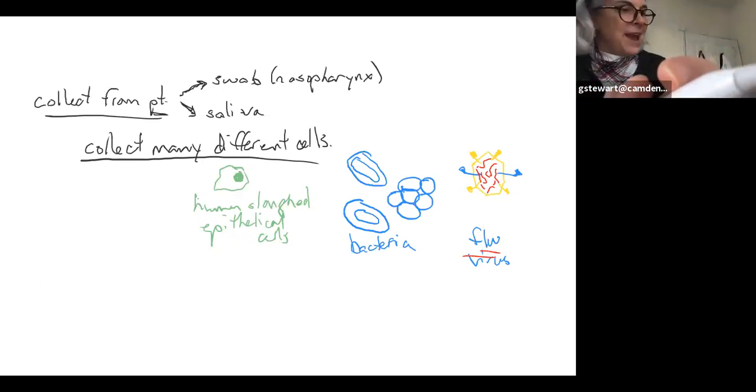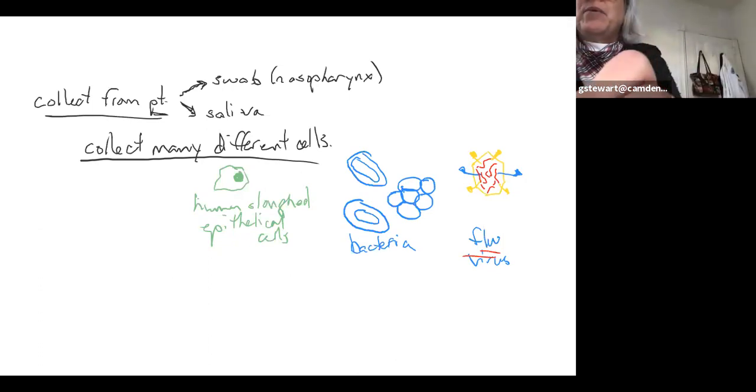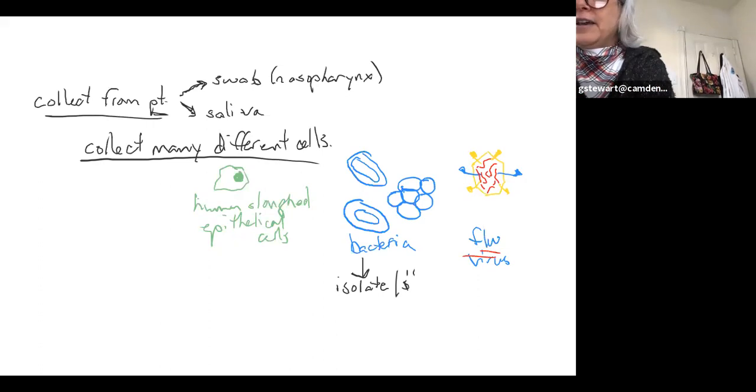And this may or may not have been particularly clear to you guys, but when you are trying to isolate and study which bacteria is making a person sick, I'll say isolate and identify, you need a pure culture of that bacteria, like you guys had in your lab kits.